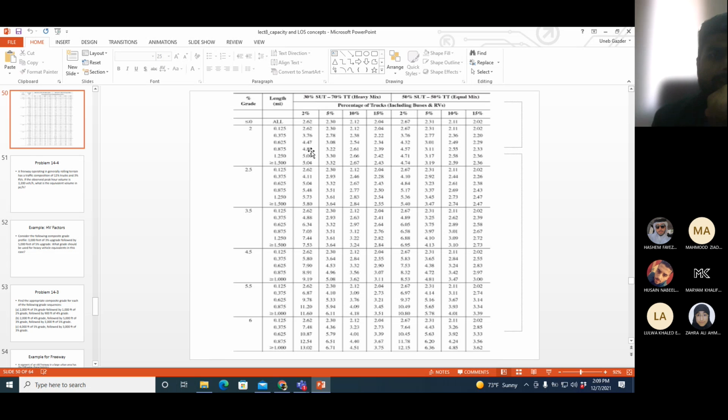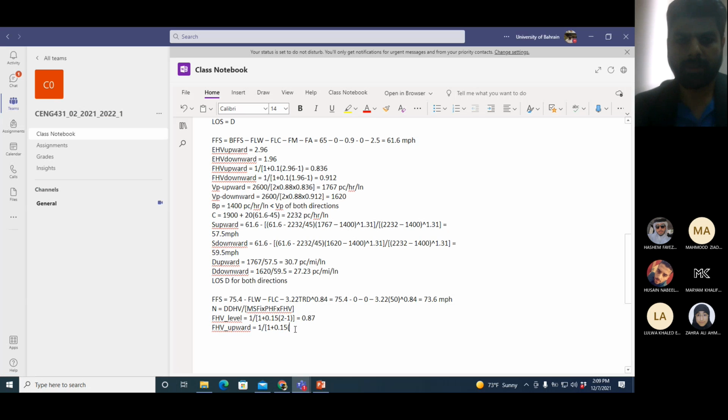So 4.5% gradient, which is this one, 2 mile length, which is this one. This range more than 1 mile, and 15% trucks. So the factor is 3. Okay, 3 minus 1.